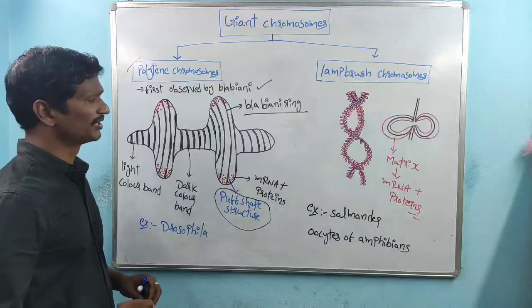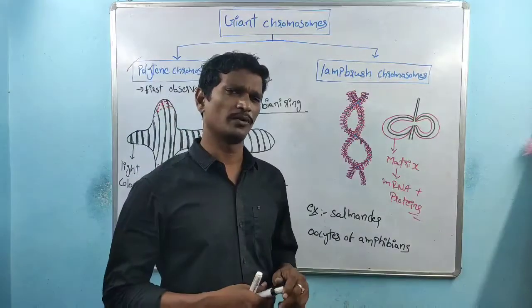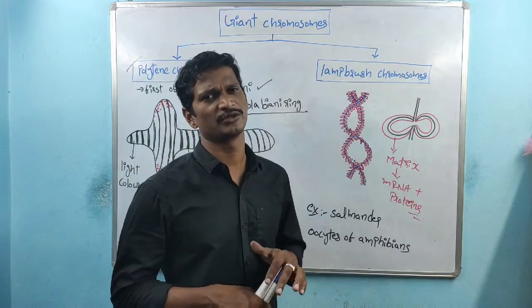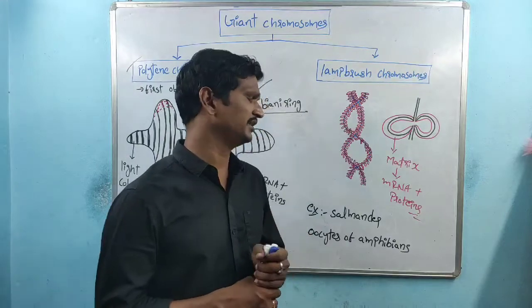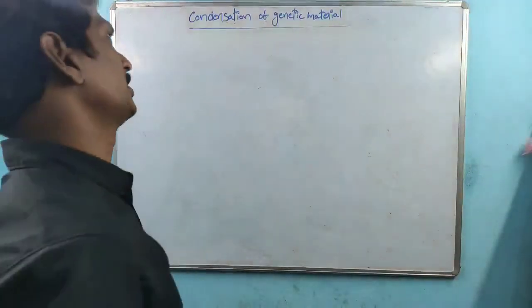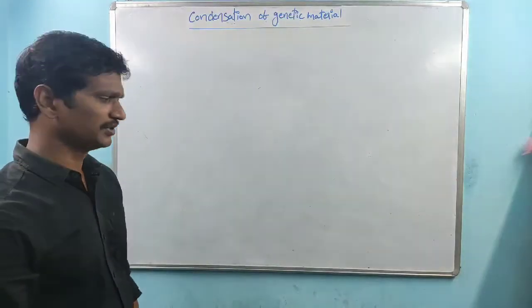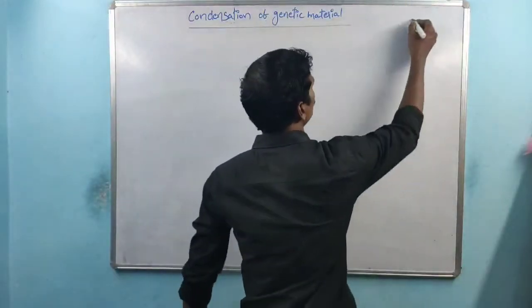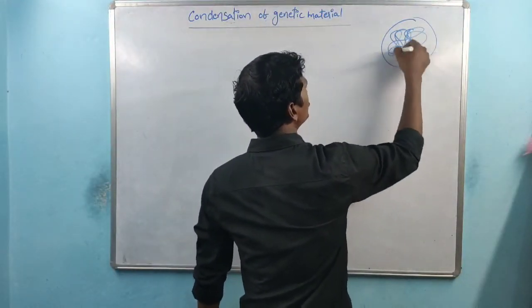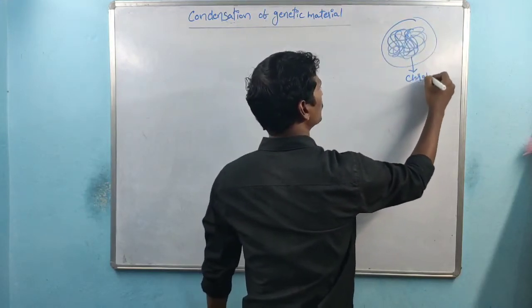Right? Next, we will discuss chromosome formation, or how the condensation of genetic material takes place. Coming to the next concept, condensation of genetic material. We know this is a nucleus. The nucleus contains the decondensed state of genetic material, called chromatin, right?